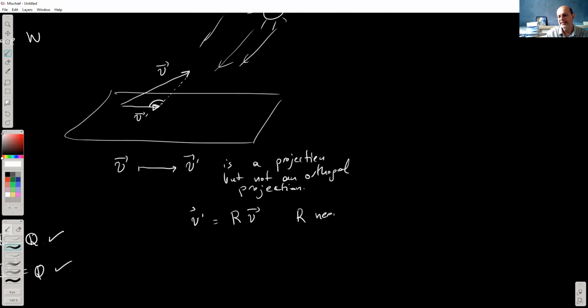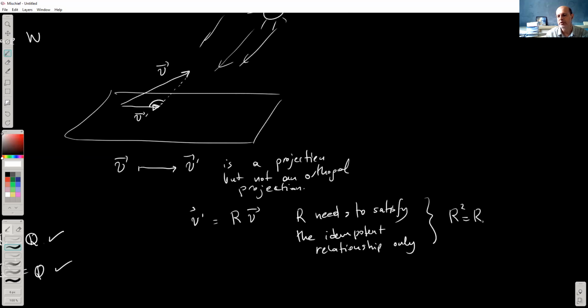Let me say it like this: R needs to satisfy the idempotent relationship only. So that means R squared has to be equal to R, but it doesn't have to be Hermitian.